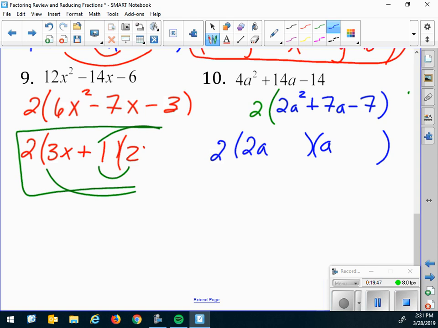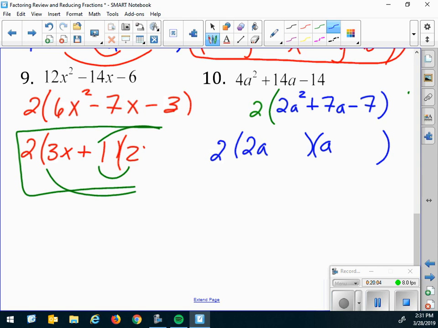What are my signs going to be? Good, different, positive and negative. But I don't know which one goes where. How do I factor 7? 7, 1. I don't have any options there, do I? Just 7 and 1. But I don't know where the 7 goes and where the 1 goes.